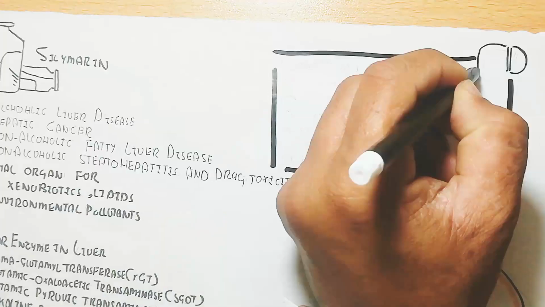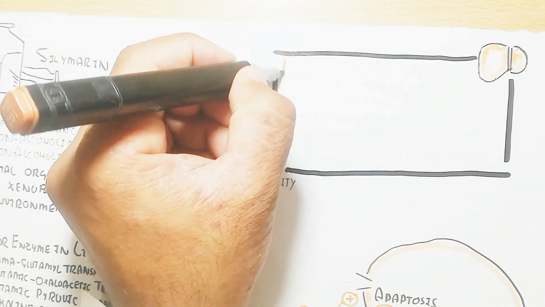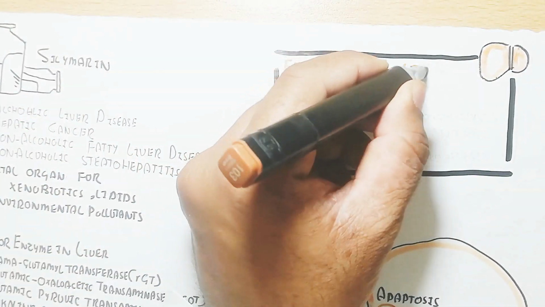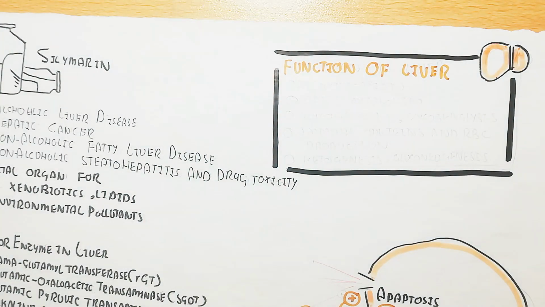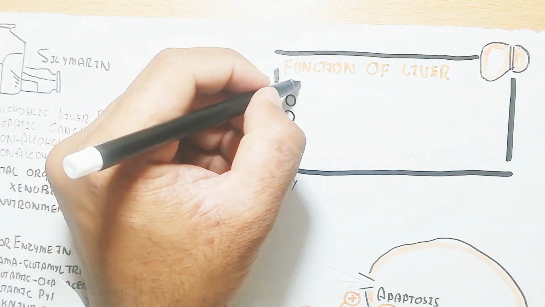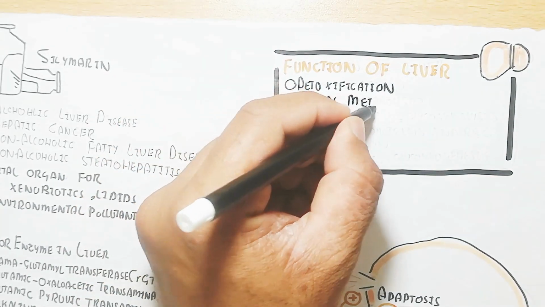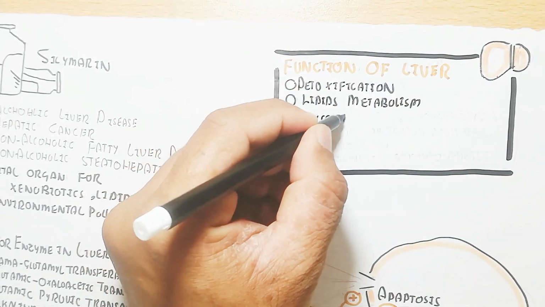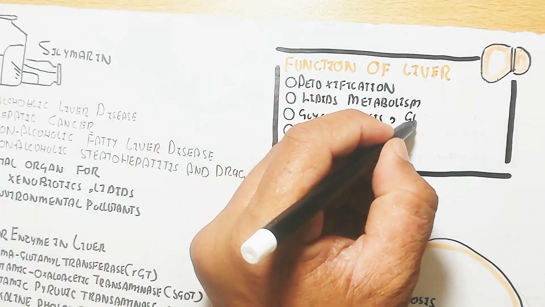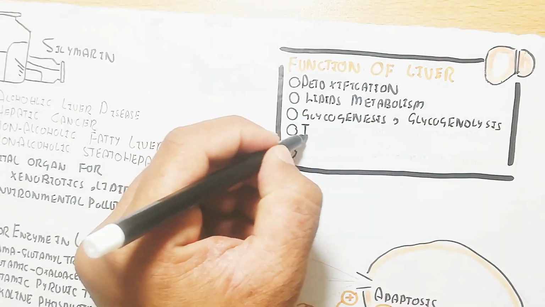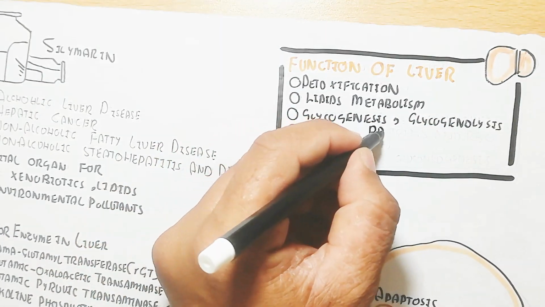The function of the liver is very important. It performs detoxification, lipid metabolism, and glycogenesis, the formation of glycogen from glucose: when glucose rises in our blood, it is converted into glycogen.